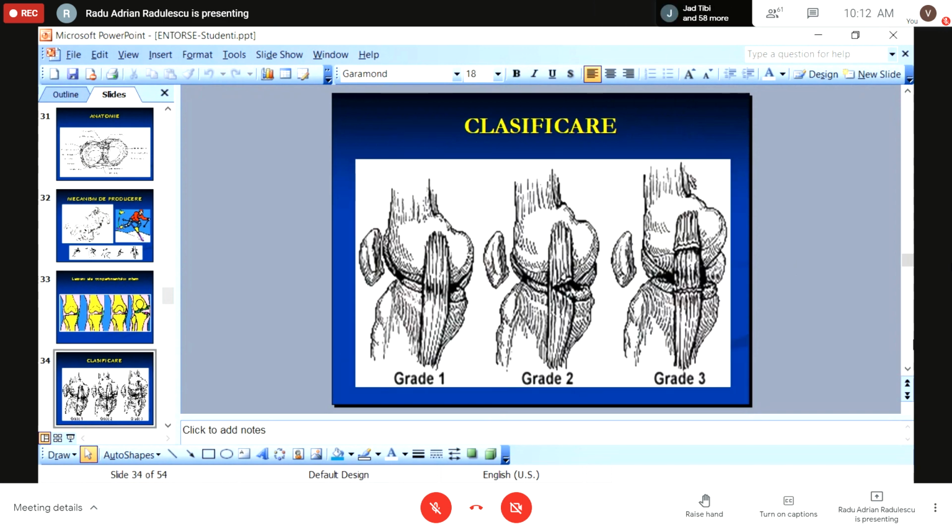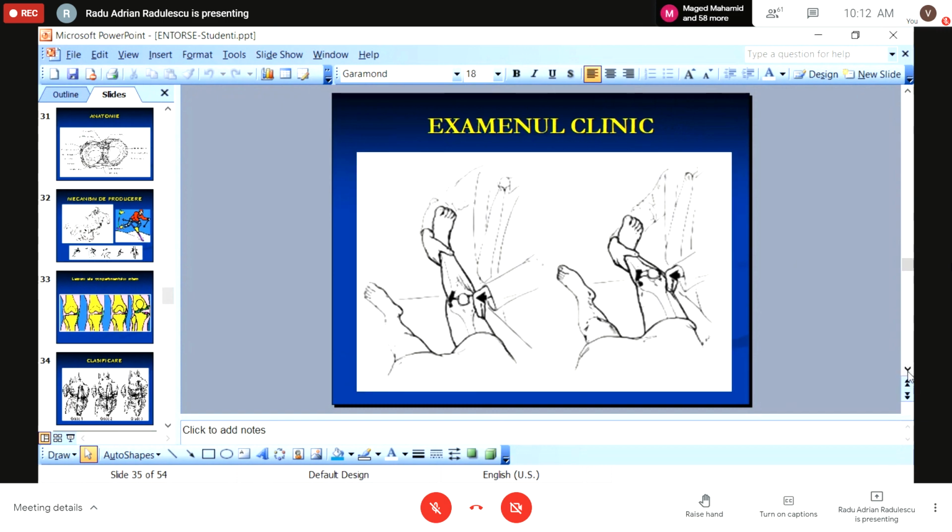These sprains at the level of the knee will, of course, follow the same classification system we have already mentioned, and I don't want to repeat it, in the three types of sprains. Of course, now comes the diagnosis.